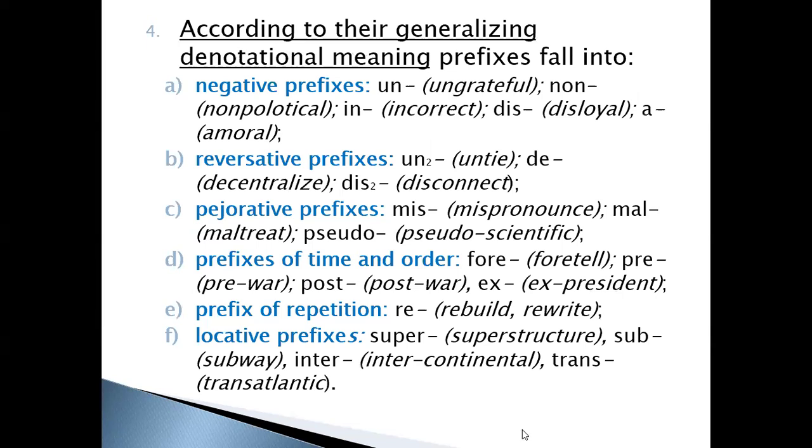The denotational meaning prefixes fall into negative prefixes, un-, for example; reversative prefixes, de-; pejorative prefixes, mis-; prefixes of time and order, fore-; prefix of repetition, re-; locative prefixes, super-.